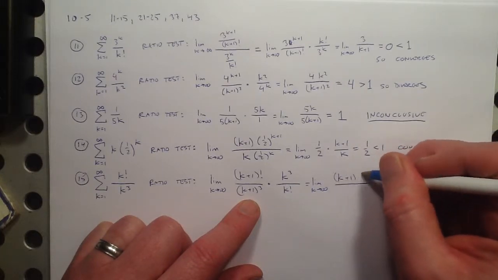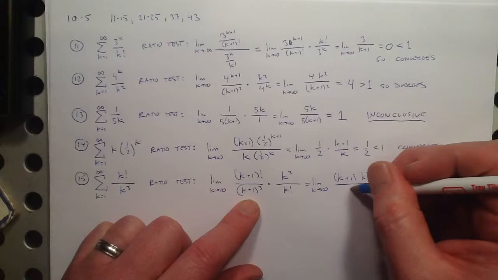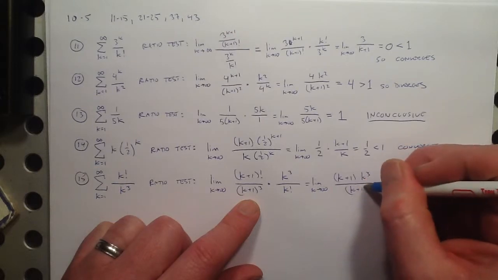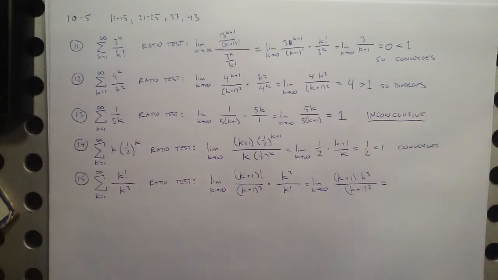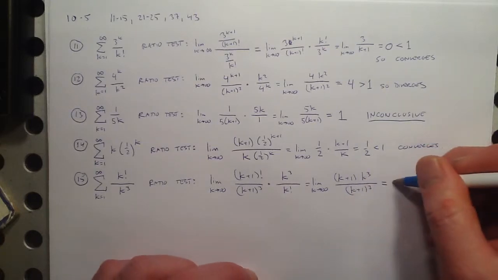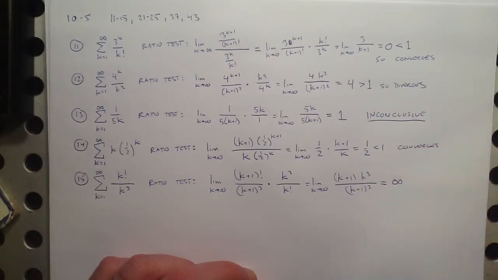I've got a k cubed on the top and a k plus 1 cubed on the bottom. So how do we deal with this? Well, look for the highest power. K times k cubed, there's going to be a k to the 4th on the top, and there's only going to be a k cubed on the bottom. So that's going to blow up to infinity.